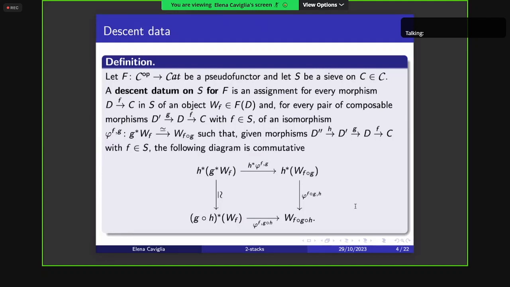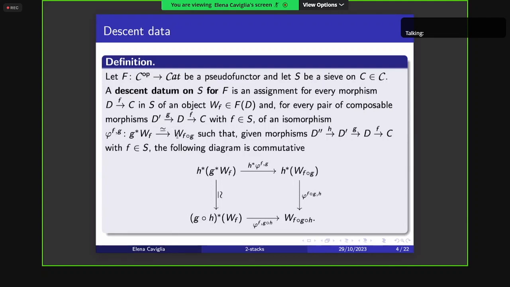So if we have a pseudofunctor F from C^op to Cat, and S is a sieve on an object C, a descent datum on S for F will be an assignment for every morphism F in the sieve of an object W_F in the image of the domain of this specific morphism, and then for every pair of composable morphisms where the second one is in the sieve, we have an isomorphism between G star of W_F, which is the descent along G of the assignment for F, and W_{FG}, which is the assignment for the composite of F and G.